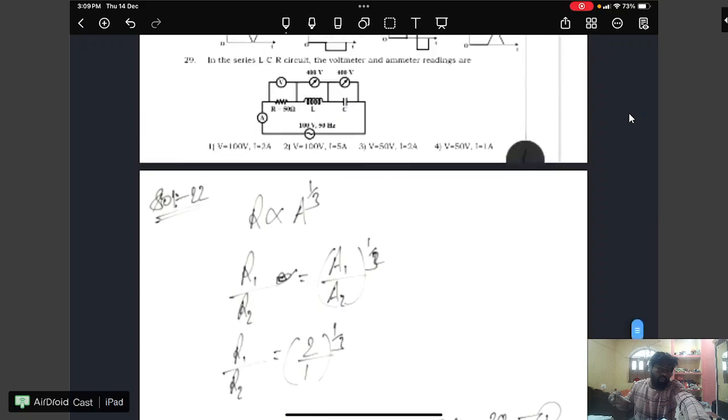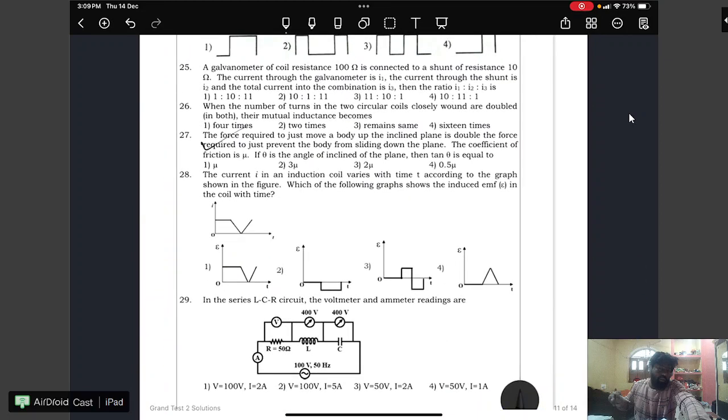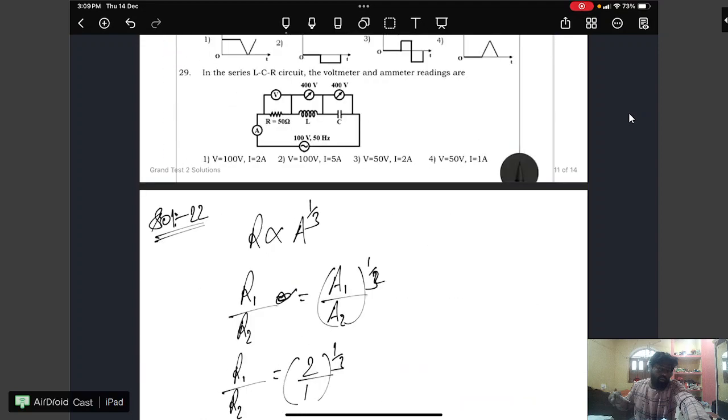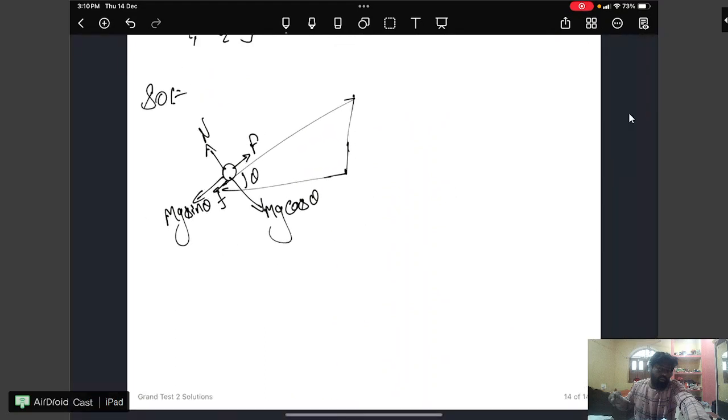If friction is available, definitely, then friction F is mu into N. So F is equal to mg sin theta plus friction force mu into normal. Normal is mg cos theta.